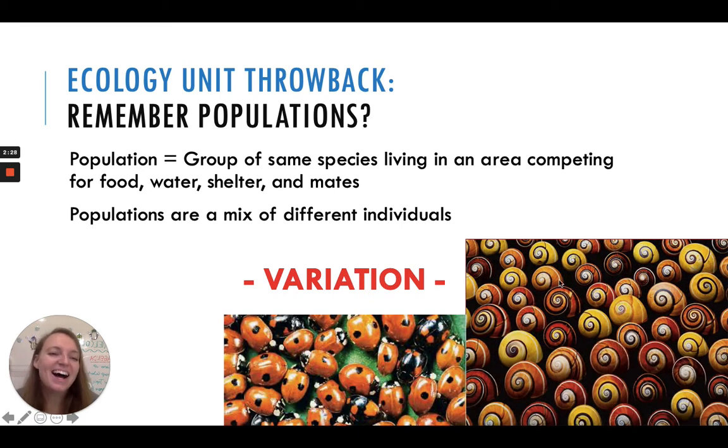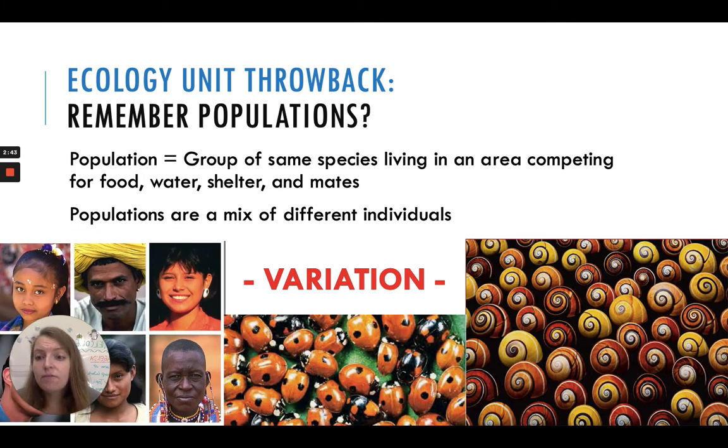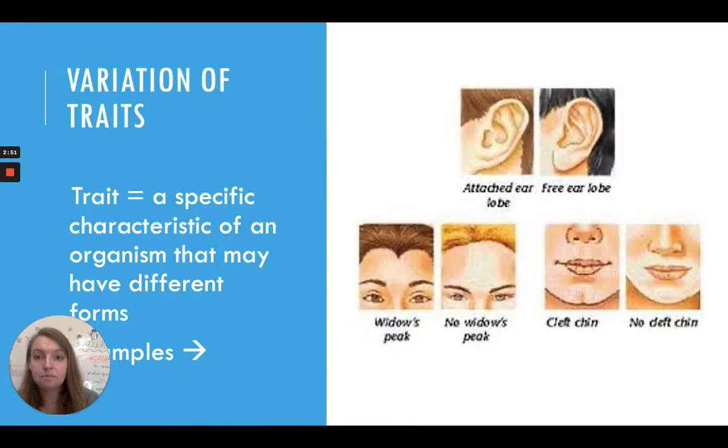All right, here is a population of snails. This is the same species, but they all look a little bit different. There is a variation in their population. And then finally here we've got the human population. There is so much variety in our appearances, the way that we look.